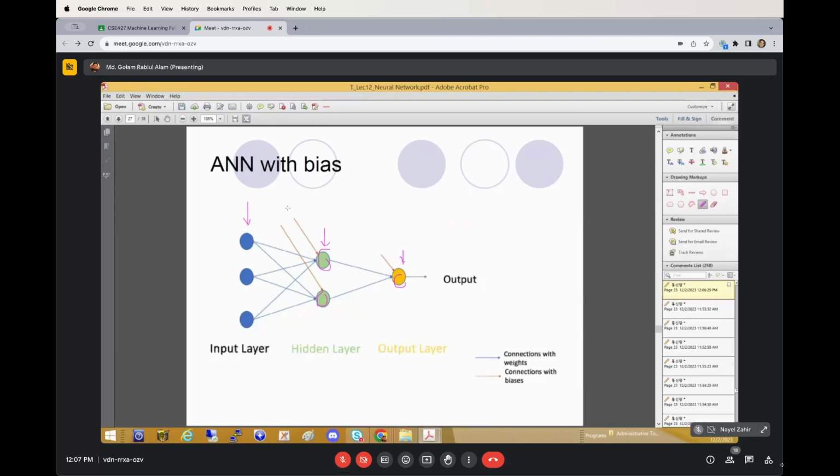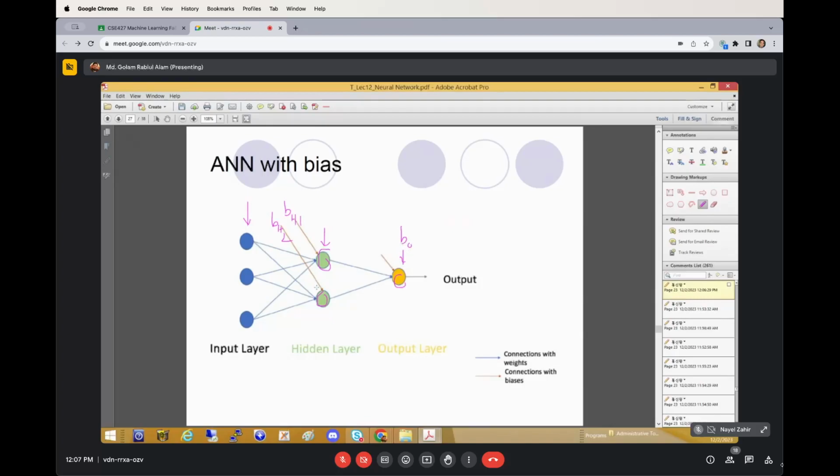This is the bias of the hidden layers, BH1, bias of hidden layer unit 1, and BH2, or you can say B1, B2, for unit 2. Here is the bias of the output layer. So we have to add these things.